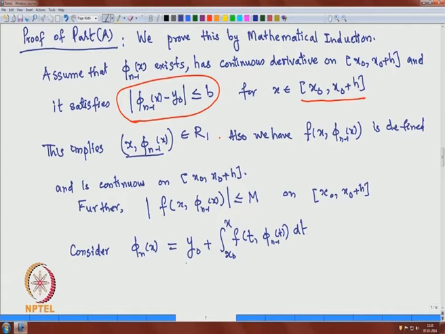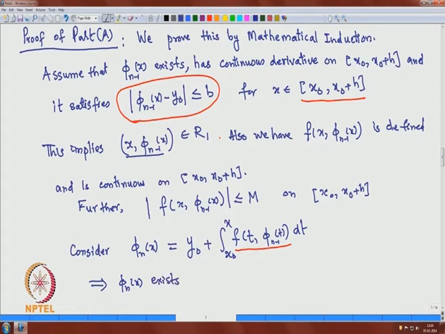Now, we have seen that this function f is continuous with respect to x and well defined, and therefore the properties mentioned above help us to conclude that phi n x exists.